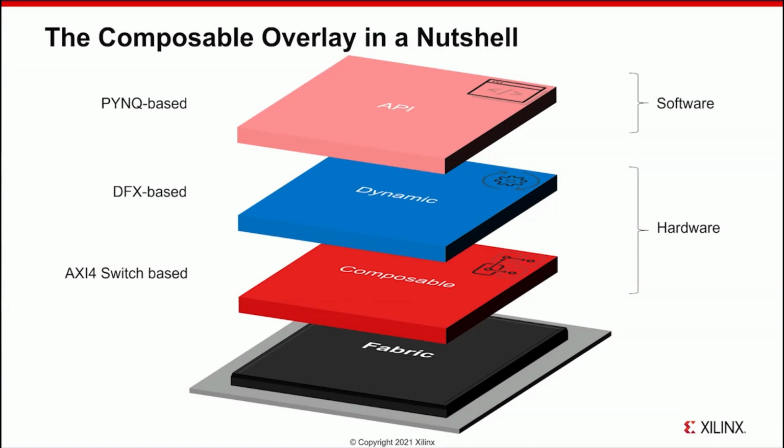And finally, the API layer provides a set of PYNQ-based application programming interfaces to compose the overlay at runtime. These three layers sit on top of our traditional FPGA fabric that also provides I/O, hardware and software programmability. Each of these layers brings a new dimension to the design space that can be explored to unleash the full potential of our adaptable technology.